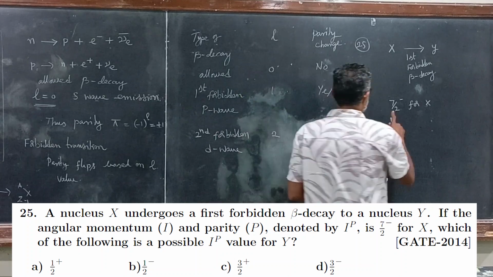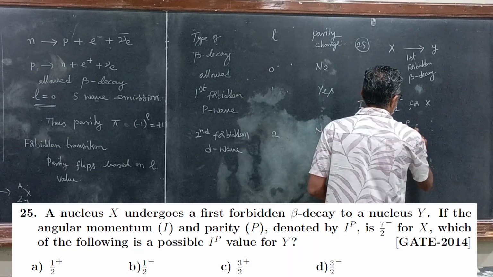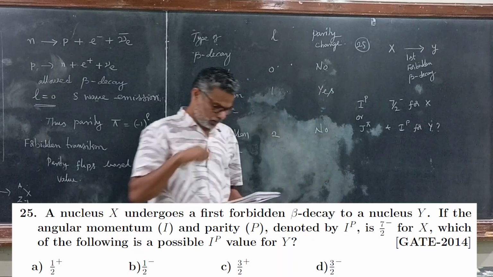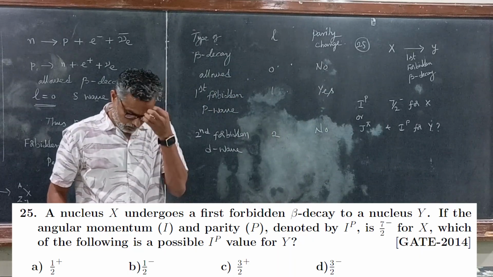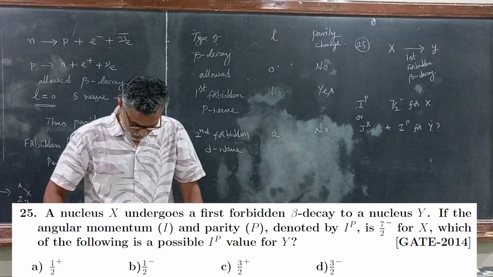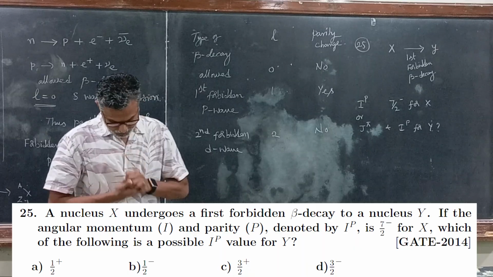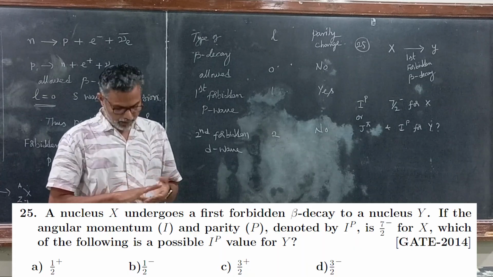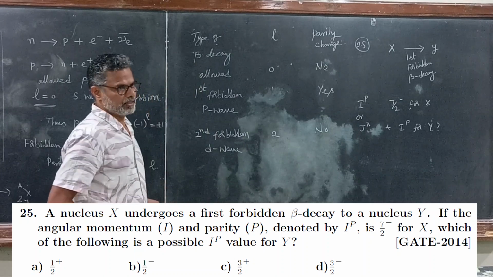So the I and P value is this, and we need the I and P value for Y. That is the question. So how will you do this selection rule? Is the parity sign changed or not? It will change because of the first forbidden.